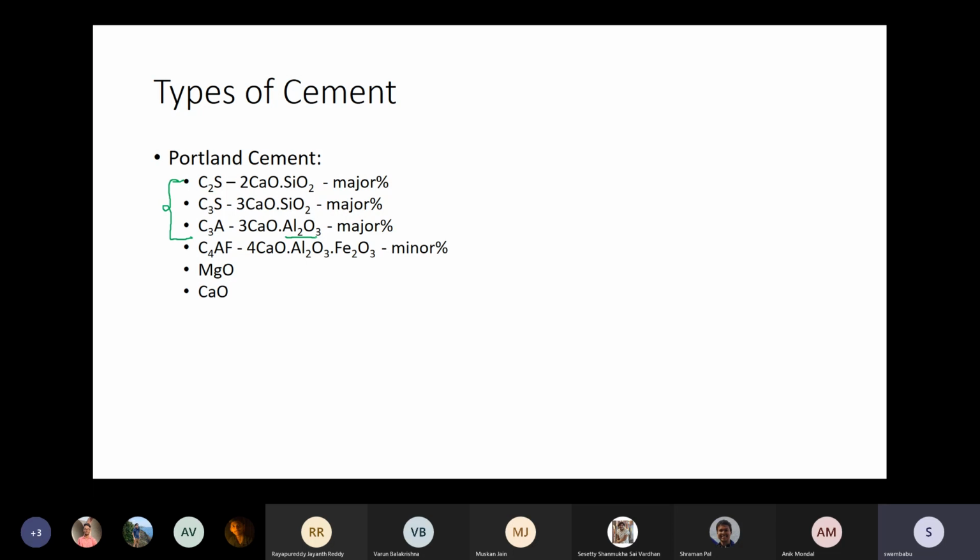So we will have a minor amount of formation of C4AF, tetracalcium aluminoferrite, 4CaO.Al2O3.Fe2O3. This is the minor one. If there is no Fe2O3 impurity, sometimes it may not be present at all. Based on the impurities, you will have MgO and CaO. But these are the predominant ones.